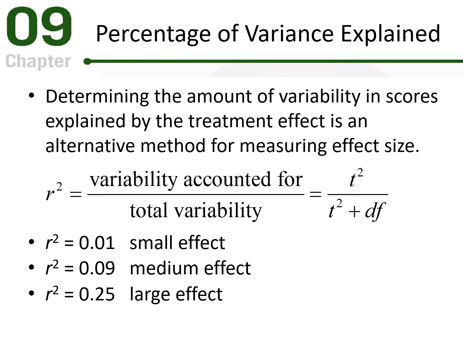And this is calculated by the formula t squared divided by t squared plus degrees of freedom, and that would give you r squared. If you took the square root of r squared, that would give you the correlation coefficient, if you wanted to find the measure of association between the treatment and whatever you're measuring. So it's t squared over t squared plus degrees of freedom, and you want to have a value of 0.25 or larger to show that you have a large effect. There's no sample size in this formula, it's just based off of t.